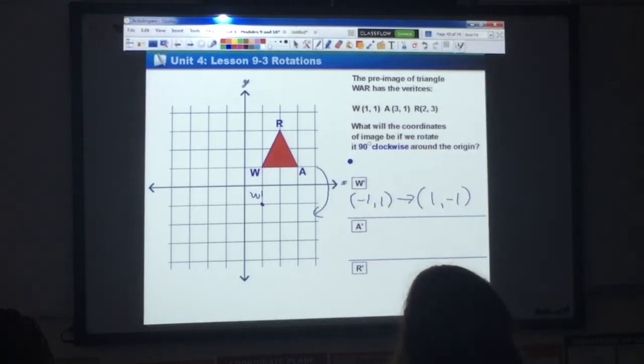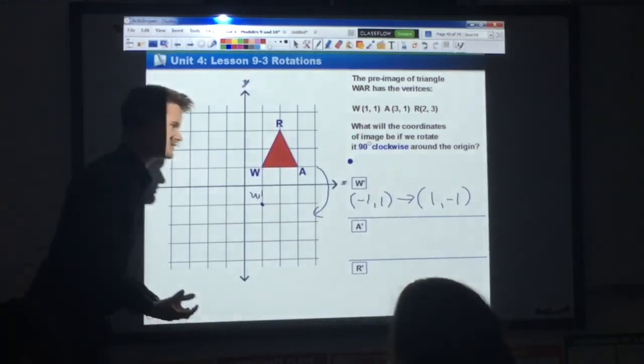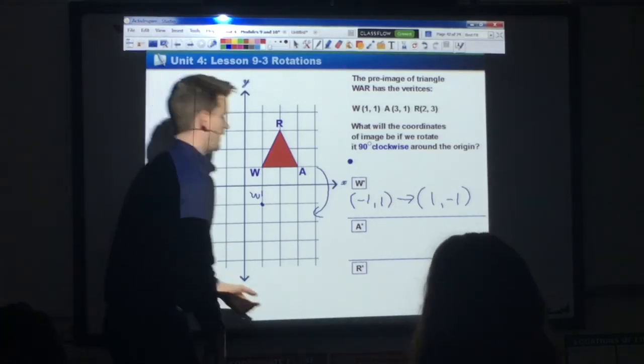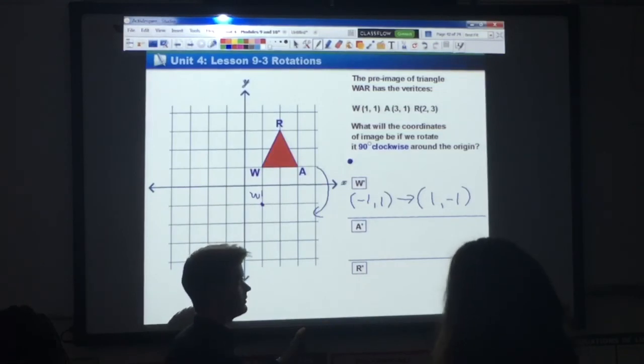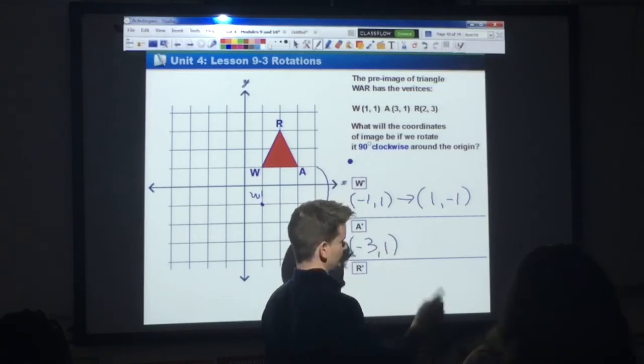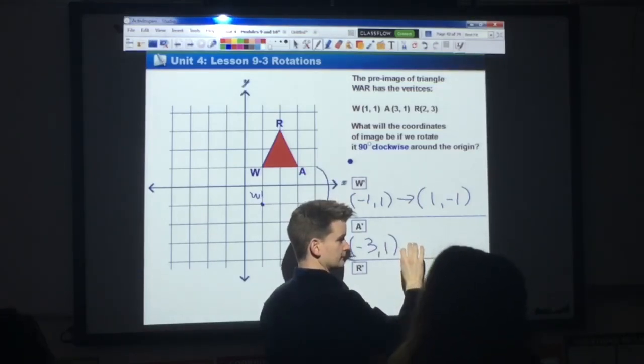Vicente. A prime. Still 90 degrees clockwise. So which coordinate am I multiplying? The x by, what am I multiplying it by? -1. We're working with the A coordinate. So you tell me, after I multiply the x by -1, what coordinate pair am I going to have? Perfect. -3, 1. Is that my final coordinate of A prime? No, what do I got to do? Switch it.